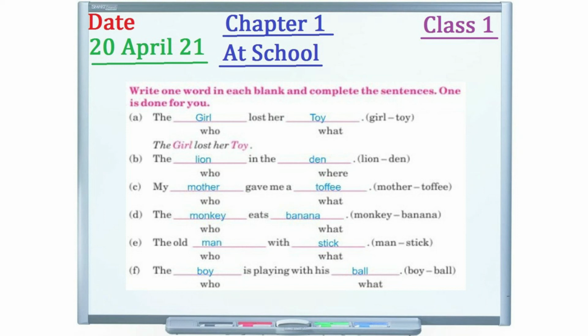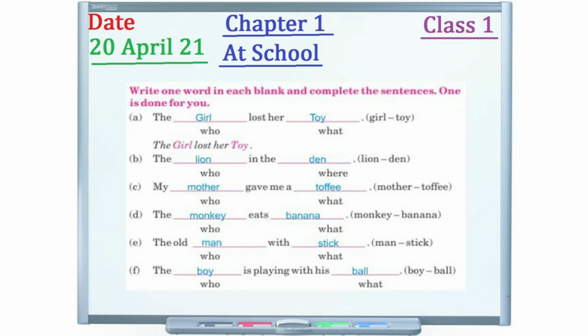Now B. The dash is in the dash. Who and where? Options are lion and den. The lion is in the den. C. My dash gave me a dash. Who or what? My mother gave me a toffee.